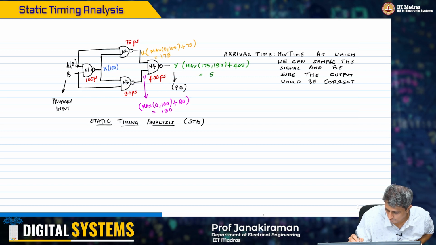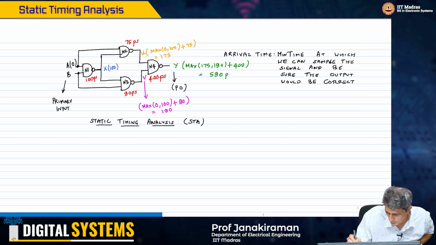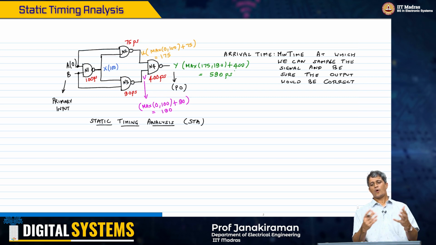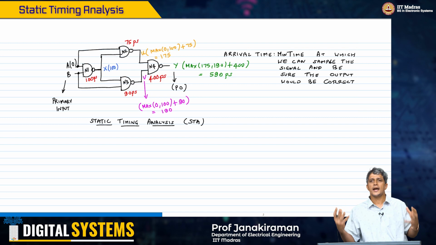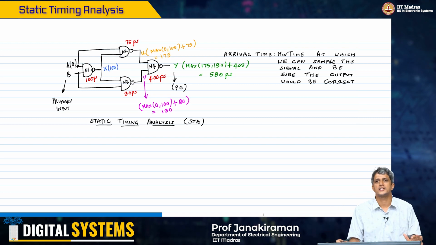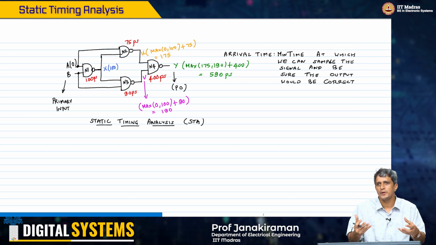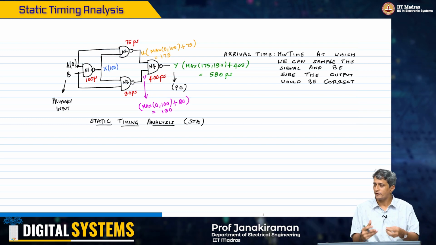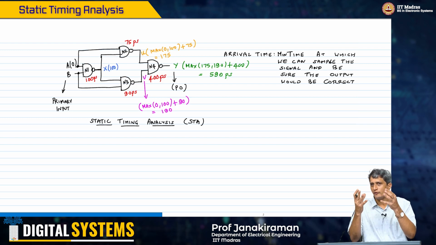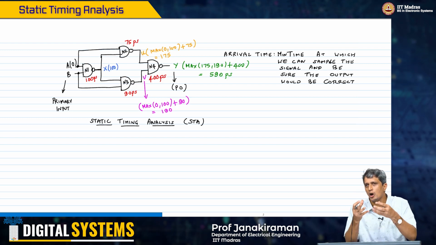This is equal to 590 picoseconds. So what this means is that after 590 picoseconds, you are guaranteed that the output y will stabilize to its final value. And this delay can sometimes be prohibitively large if the implementation of that gate is not good.